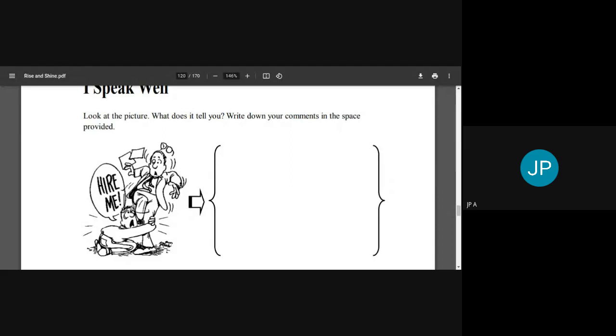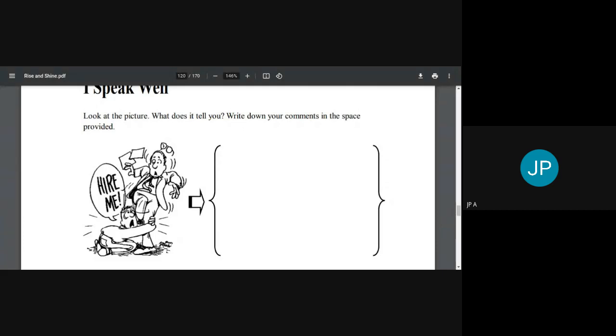So certain steps are required. The steps that are required are proper qualifications. So you need a qualification to apply for the job.